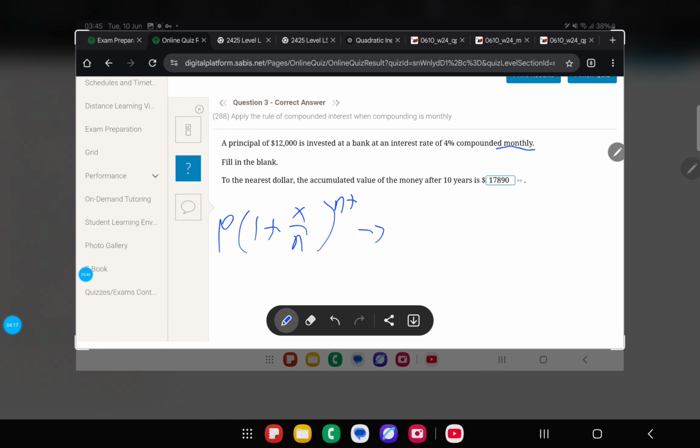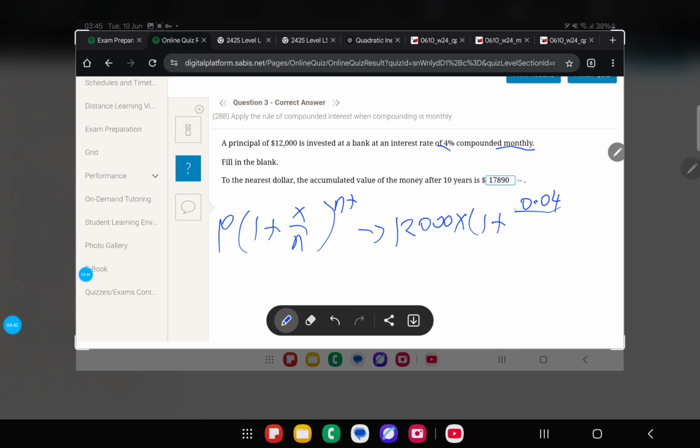Okay, so let's try it. P is 12,000 times 1 plus, we got 4%. We make it 0.04 since it's 4 divided by 100, over n. We want it to be over n, right? Not over 100. So we divide by 100 and it becomes 0.04 over n.